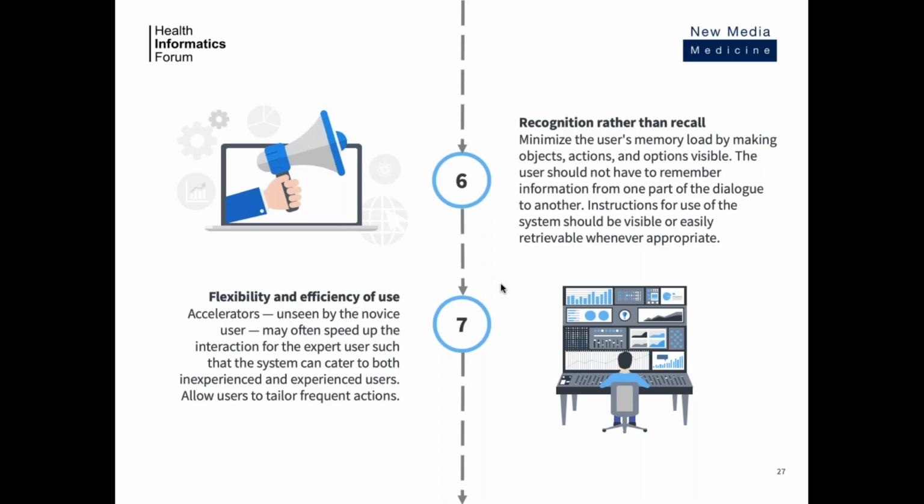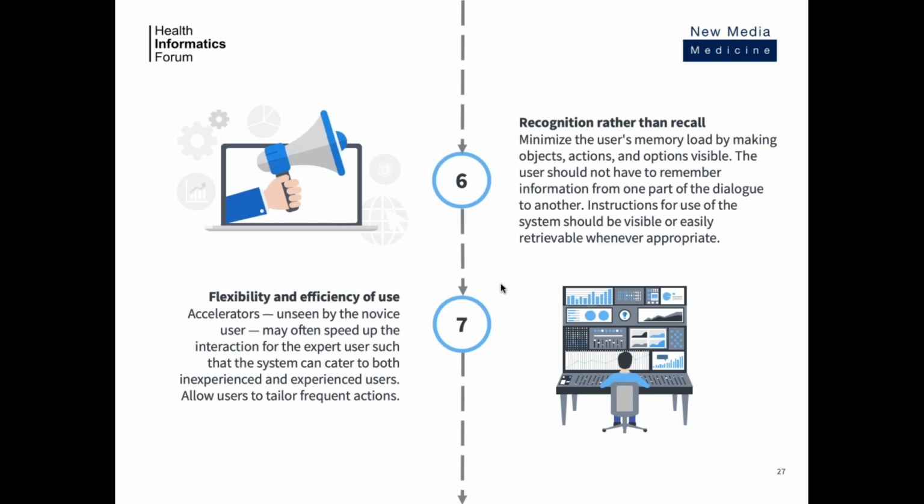The next one is about flexibility and efficiency of use. This is about how some users of systems can become experienced as they use them and not require the same level of simplicity that novices might have.